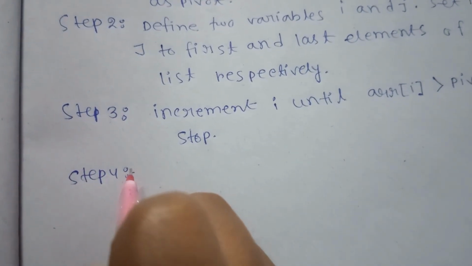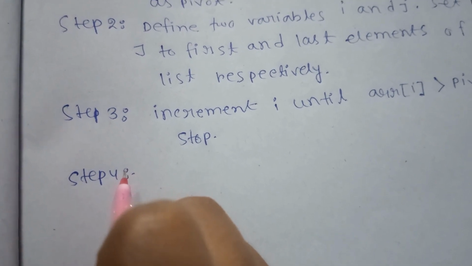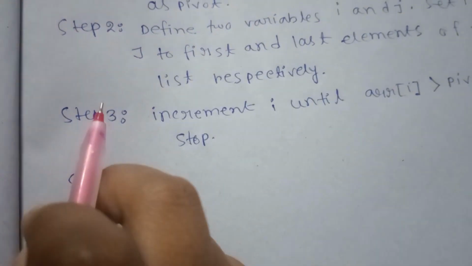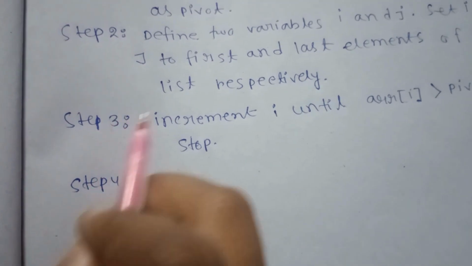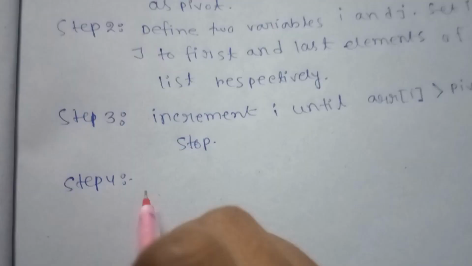Step 4. Decrement j until array of j is less than pivot, then stop.